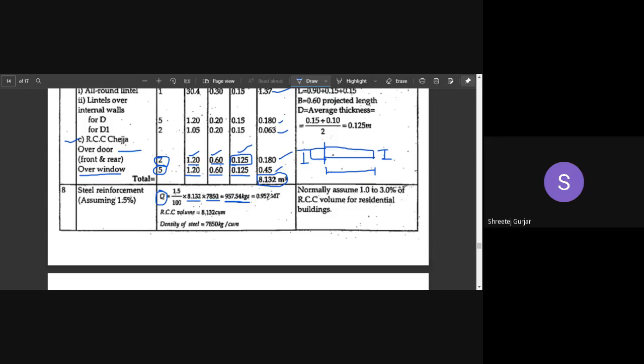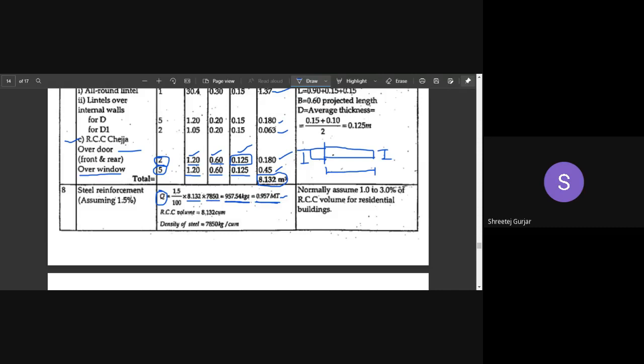We will write that in terms of metric tons. What we do is divide this by 1000, and that gives you the quantity of steel in metric tons. That is your unit of measurement for steel.